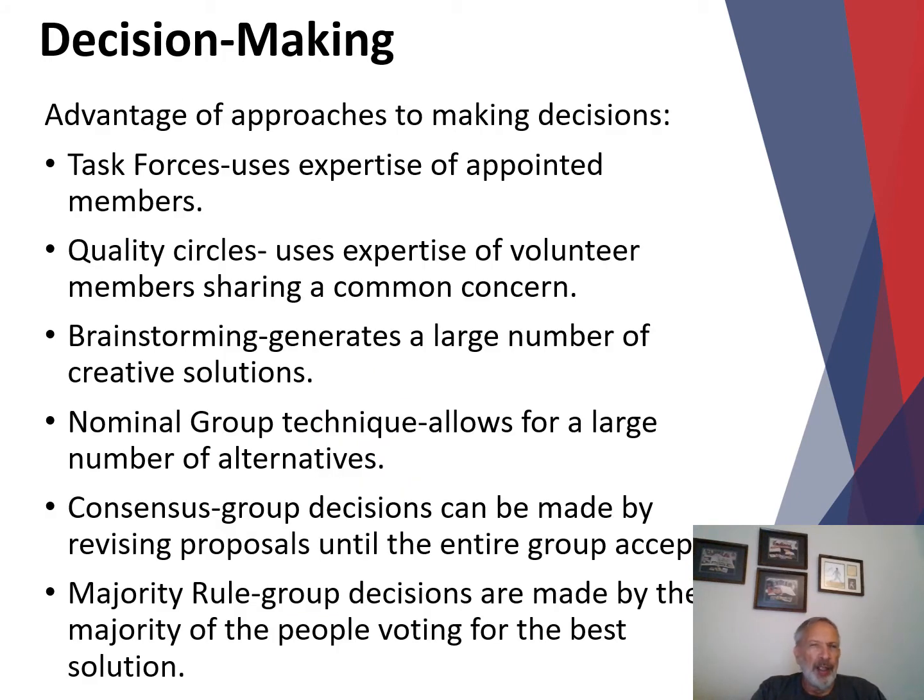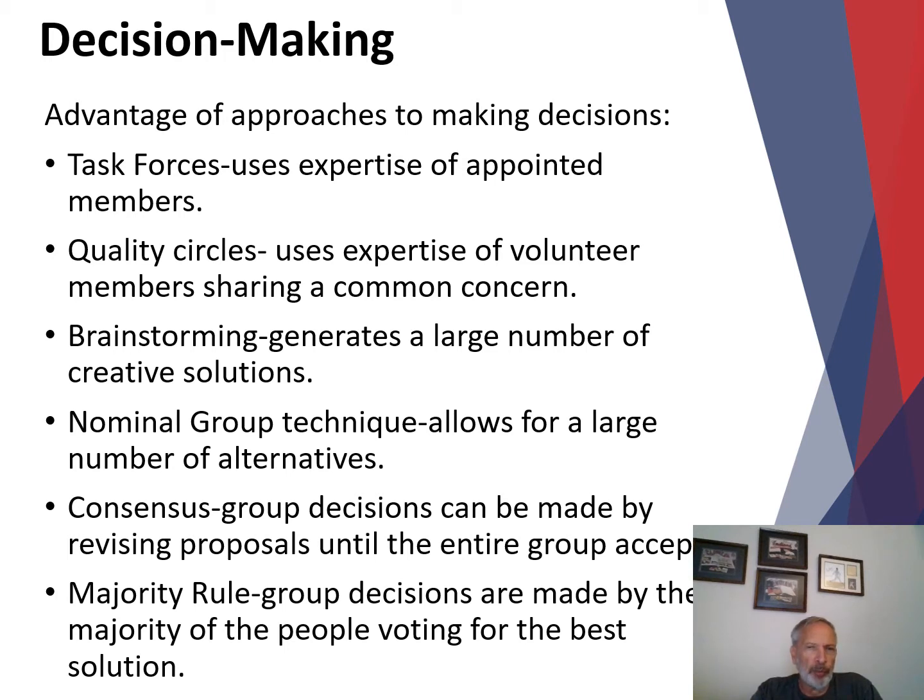So, ways we can make decisions are task forces that study something, quality circles that study, but they tend to already have an expertise. Brainstorm, where we just simply generate a large amount of ideas without having any value judgments immediately on the ideas that are generated.